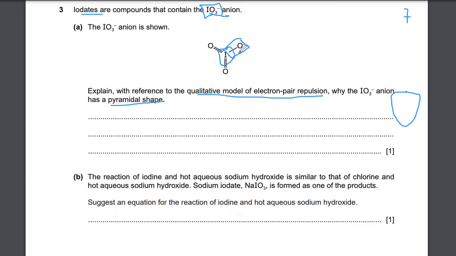So over here, there are two bonds, and over here there are two bonds as well. So 1, 2, 3, 4, and 5 bonds are formed with iodine, so 5 electrons are used.